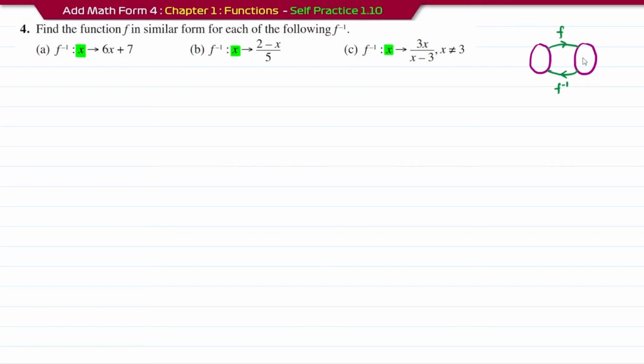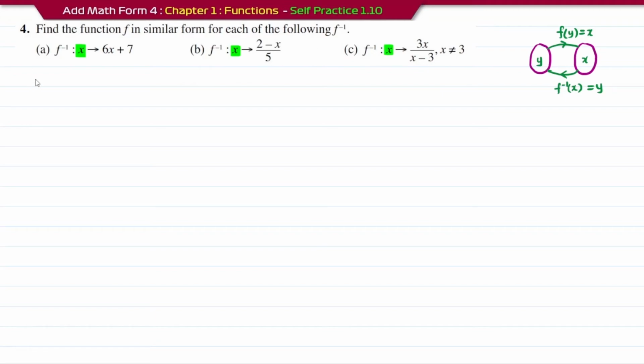Therefore, the x will be on the right hand side, which means the y will be on your left hand side. Therefore, we can set the f of y is equal to x and the inverse f of x is equal to y.